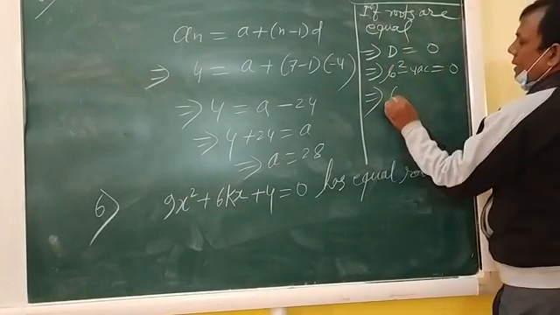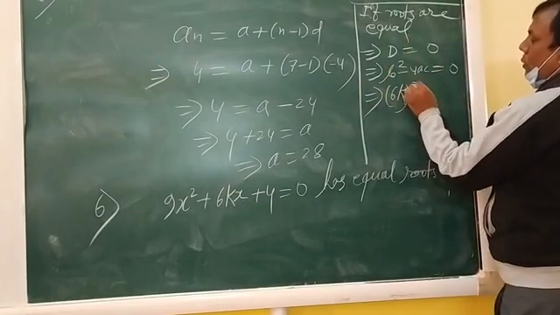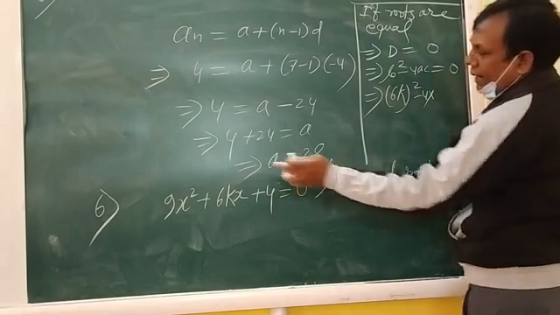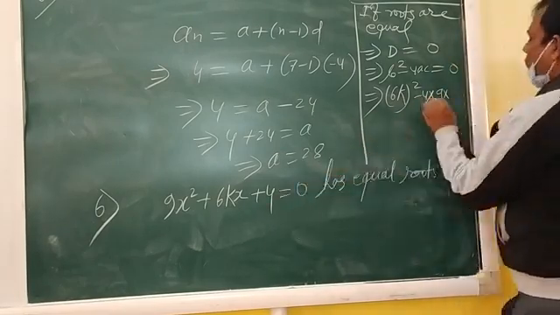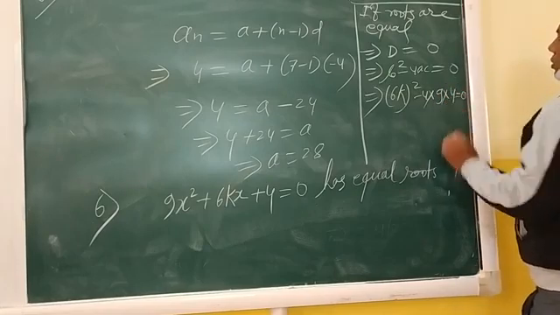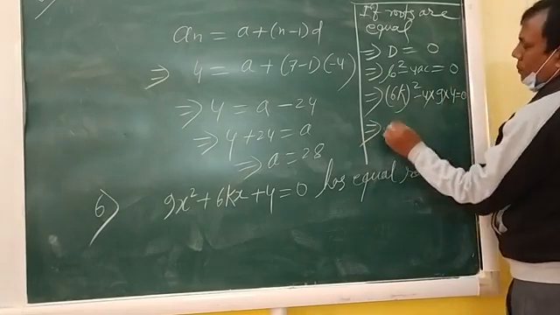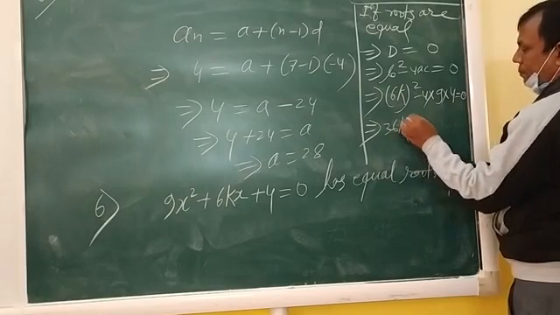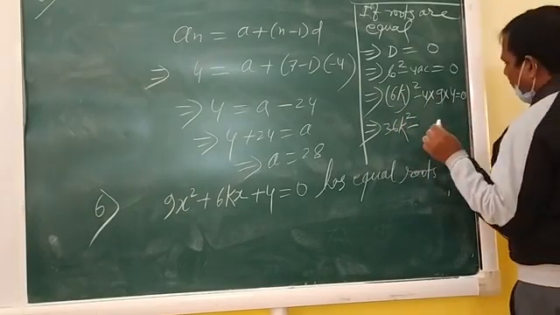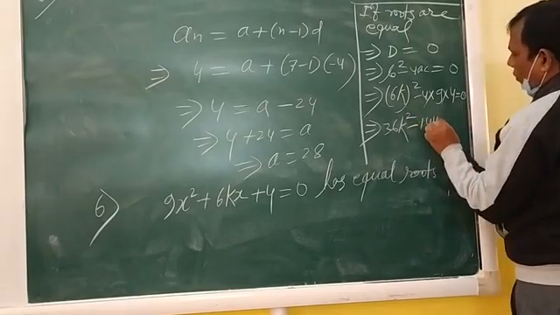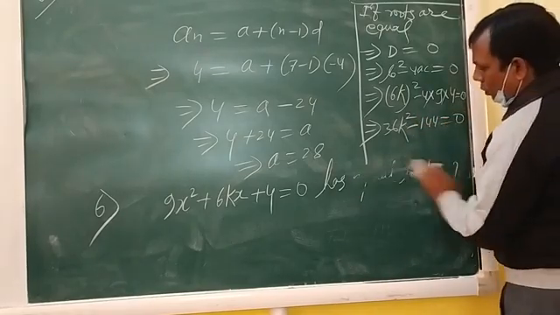6k whole square minus 4 into a, a is 9 and c is what? 4, equal to 0, which implies 36k square minus 9 into 4, 36 into 4, 144 equal to 0.